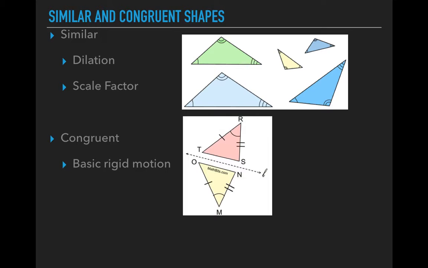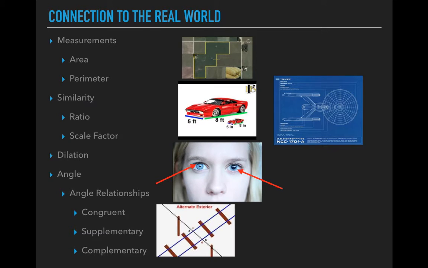We'll also have a discussion about similar and congruent shapes, specifically a discussion of basic rigid motions, dilations, and scale factors. All of this has a connection to the real world. For something like measurements, farmers can use it to determine crop yield, or crops per square inch, or square foot, I should say.